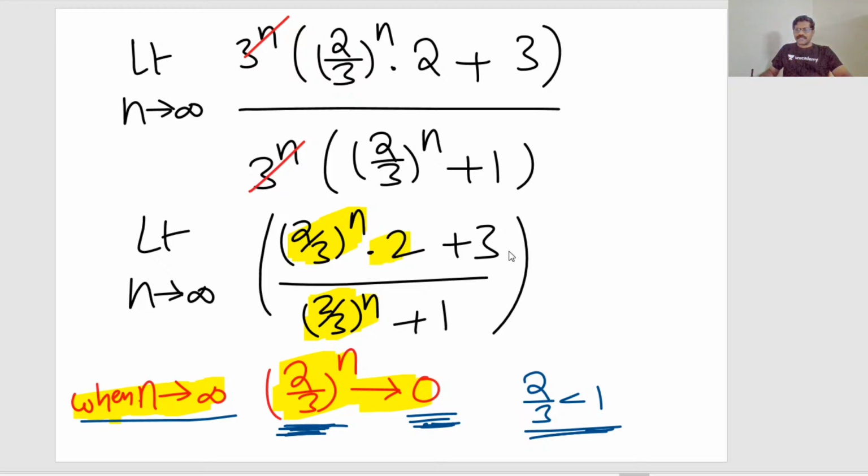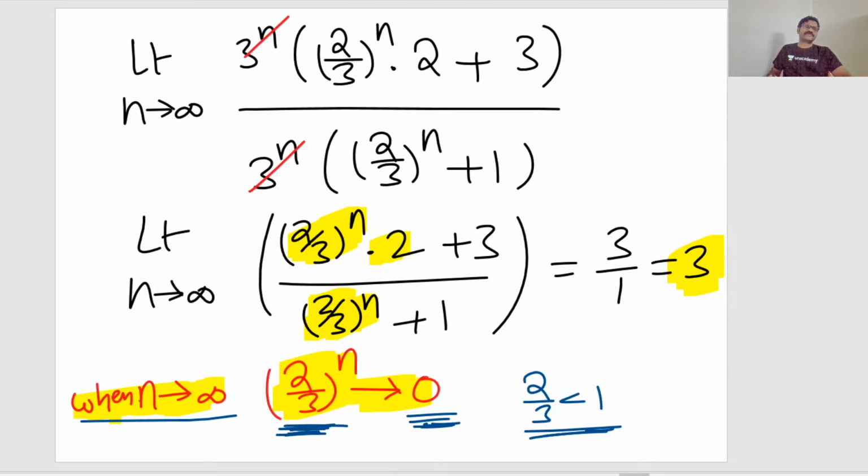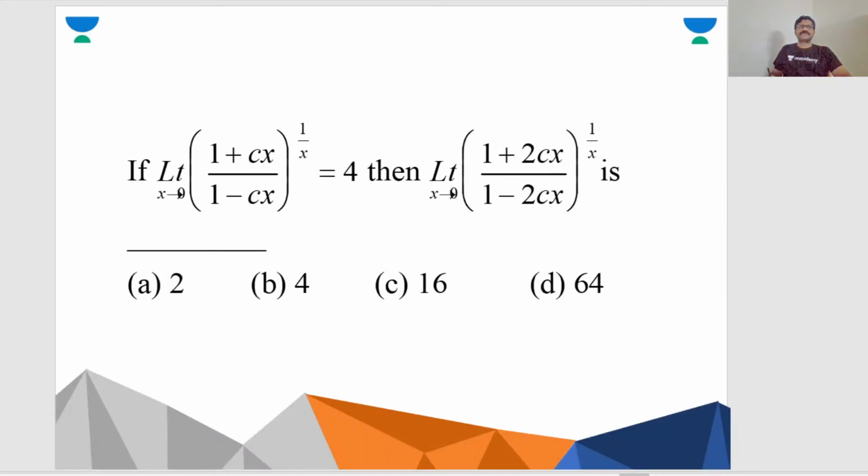That's why you will get 3 by 1, that is nothing but 3. Therefore, the answer is 3, which is given in the first option. Next problem. Try this one.